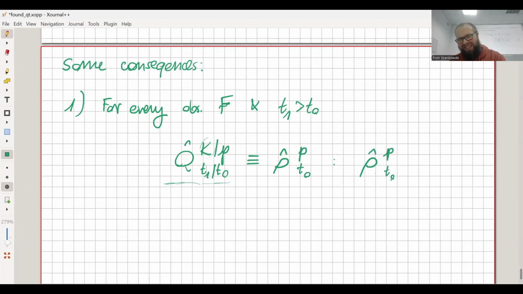Exactly. So it's positive semi-definite, and its trace is 1. This is what's left, but they are independent of k and p.